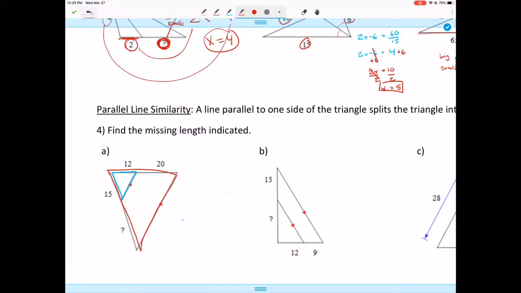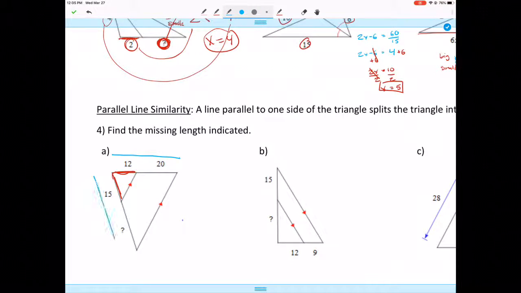All right, so for this type of problem, there's kind of two ways you can do this. The exact same way we've always been doing: we could use our small triangle and our large triangle. That's one way you can do it.